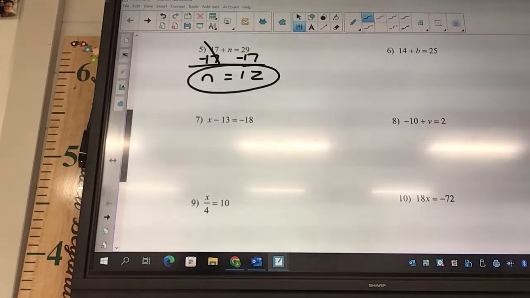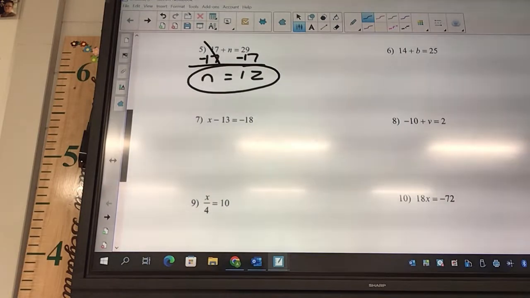Okay, x - 13. What needs moved? The 13. How do I move it? So we're going to say +13.